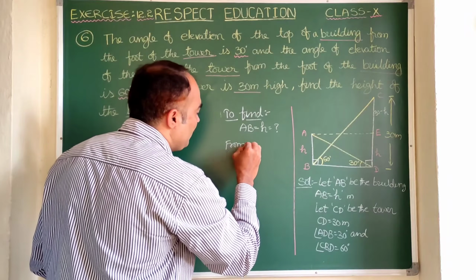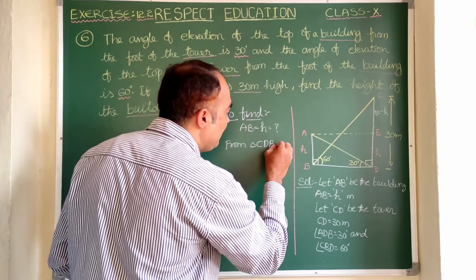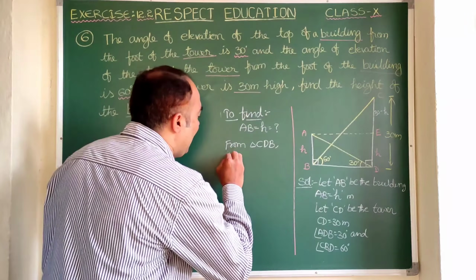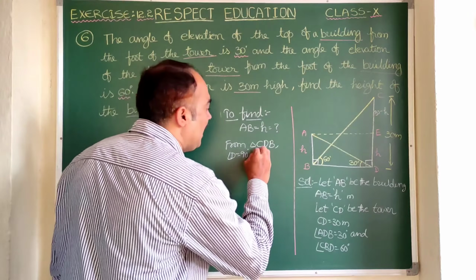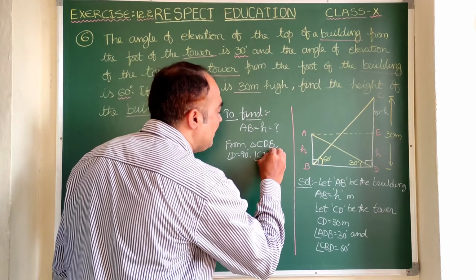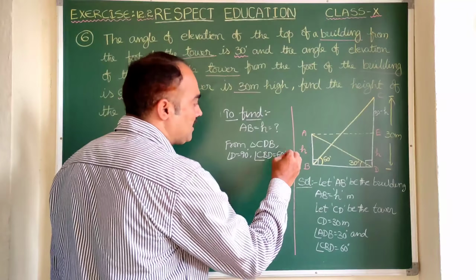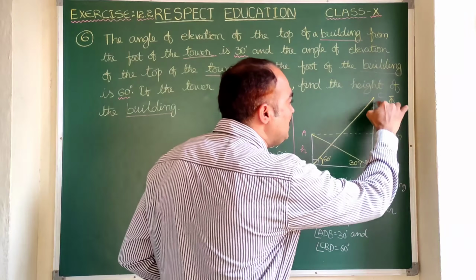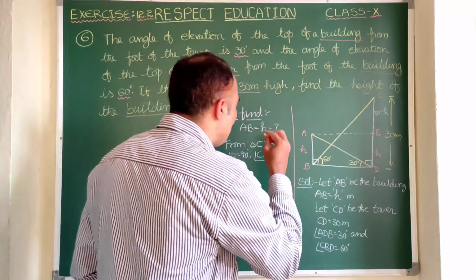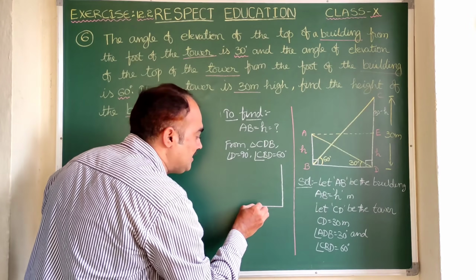From triangle CDB, in which angle D is equal to 90 degrees and also angle CBD is equal to 60 degrees. Now let us understand that for 60 degrees, CD will be the opposite side. Not to confuse you, I would like to draw this triangle CDB once again.